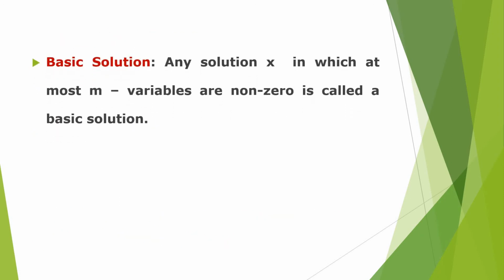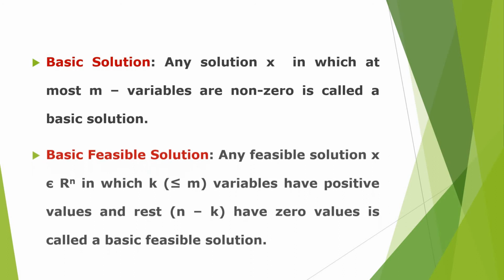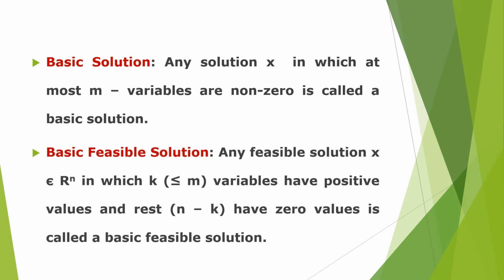Now we can define a basic solution. Any solution x in which at most m variables are non-zero is called a basic solution. Once I have a basic solution, I can find a basic feasible solution as a solution x, obviously a feasible solution, x belonging to Rn in which k, less than or equal to m, variables have positive values and the rest n minus k have zero values, is called a basic feasible solution.